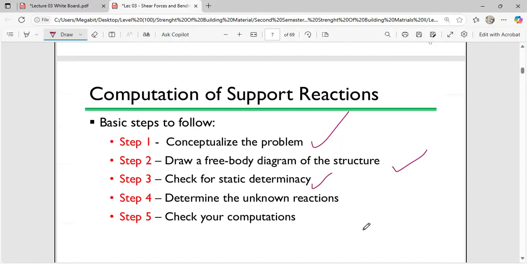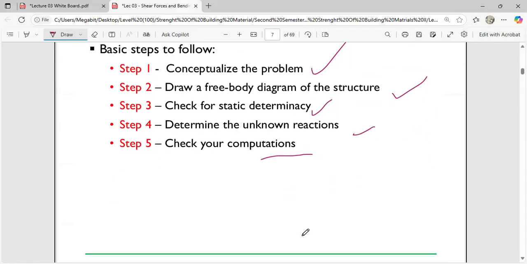You have to analyze all of those. And in your step 4, you determine the unknown reactions. In your step 5, you check your computation. So in your computation, that is when you are going to know whether what you are doing is valid or not.